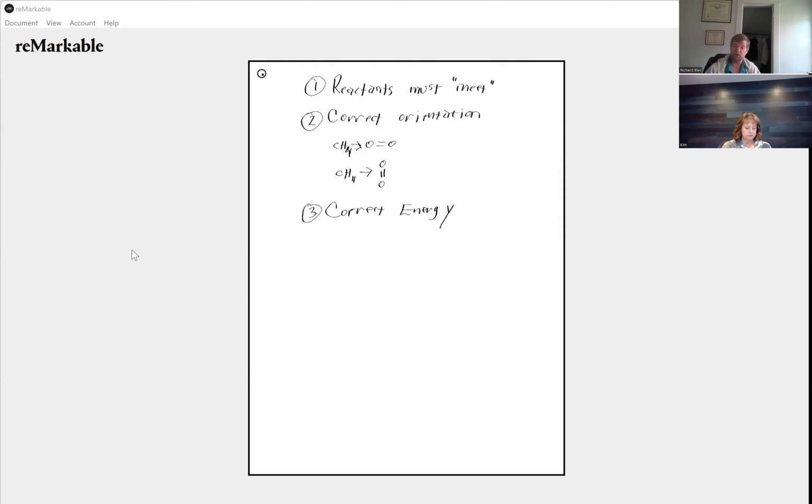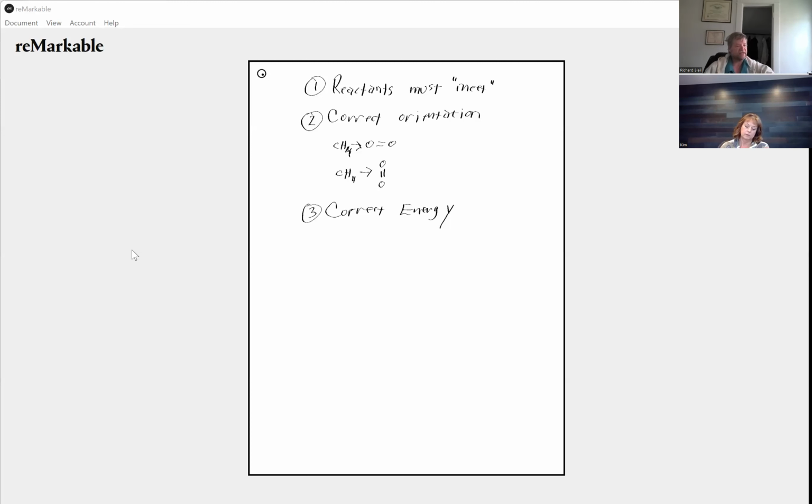And if they meet with too much energy, they just bounce right off of each other. They don't react. If they don't collide with enough energy, if the collision is too slow, those old bonds aren't going to start to break and they're just going to bounce off of each other. So for a reaction to occur, the reactants must come together in the correct orientation and with the correct energy.